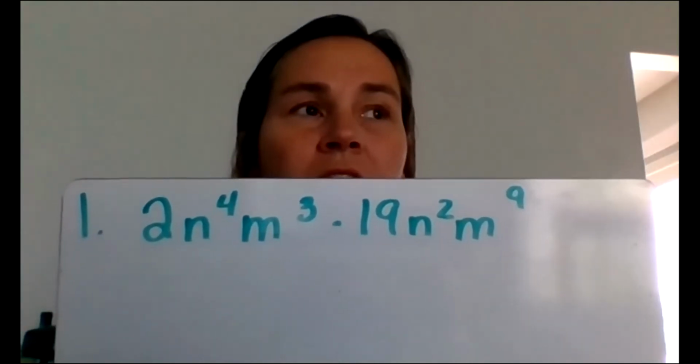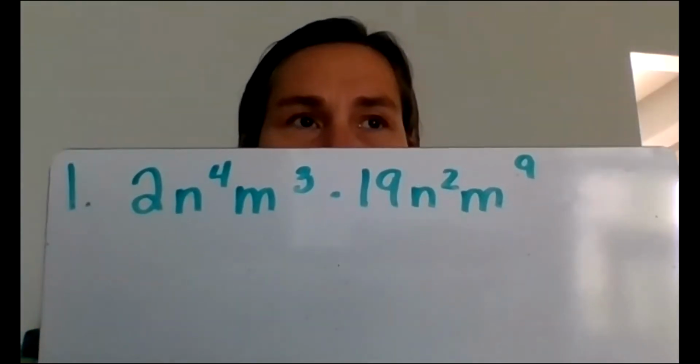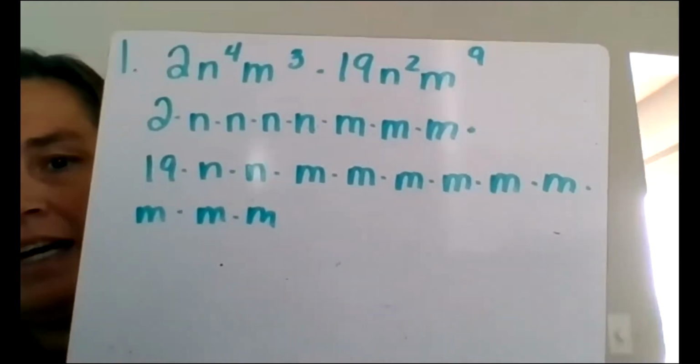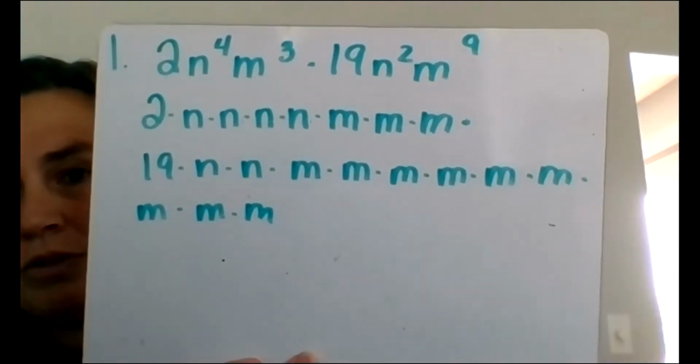Now, if I were to just write everything out as is, I would have 2 times n times n times n times n times m times m times m times 19 times n times n times m times m, 5, 6, 7, 8, 9. So now in this next line, I have written everything out.